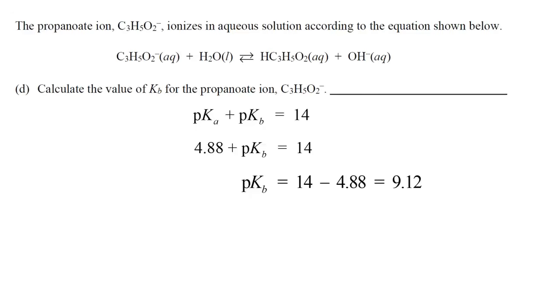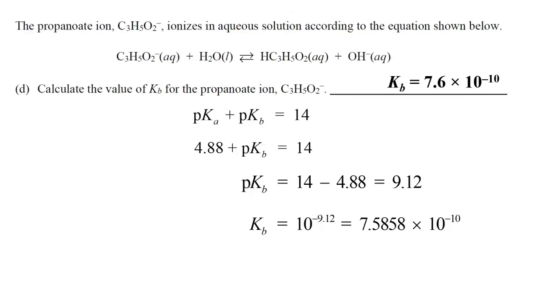If the pKb for propanoate ion is equal to 9.12, well then the Kb for the propanoate ion is 10 to the minus 9.12. So the Kb is equal to 10 raised to the minus 9.12 power. And when I do that math on my calculator, I get approximately 7.6 times 10 to the negative 10.